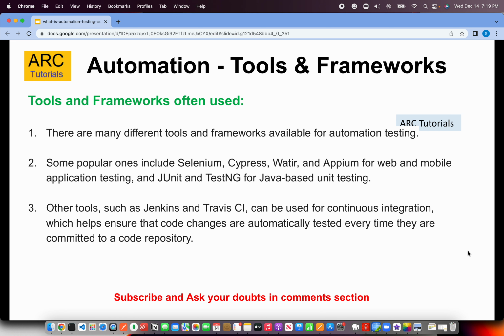If you are looking at a purely end-to-end server-side thing, then you might want to consider JUnit and TestNG. And a lot of things have moved into continuous integration on the DevOps side. That's where Jenkins, Travis, and Bitbucket Pipelines come into the picture, where they automatically have some kind of automation frameworks which allow us to run the scripts.